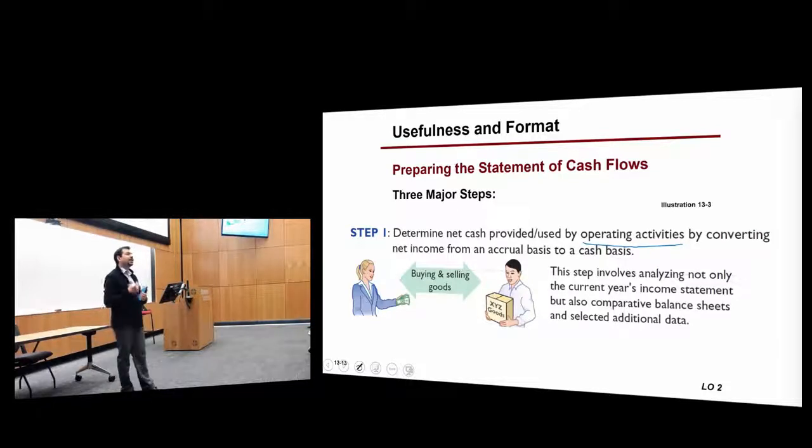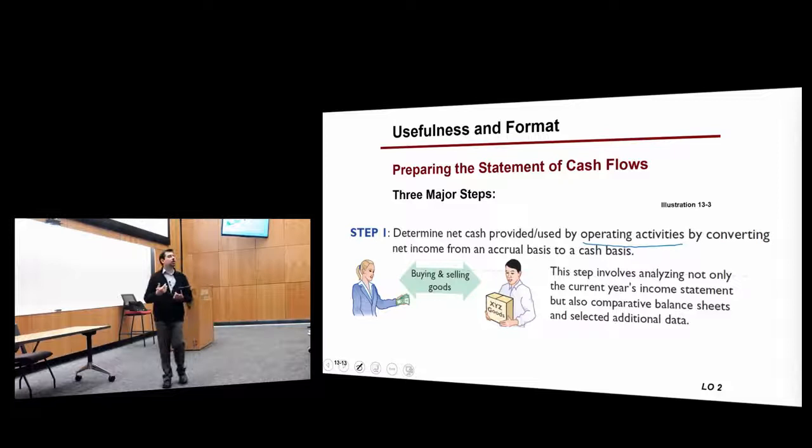So if you look at inventory, what's the other account that is always related to inventory? When we talk about inventory, we also talk about cost of goods sold, right?